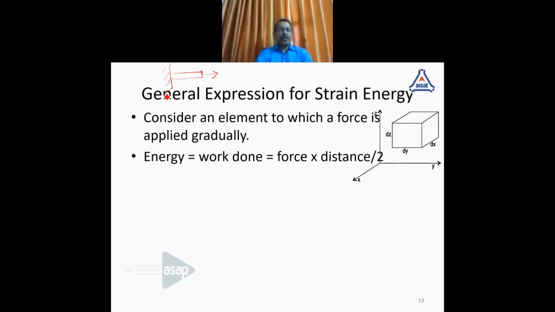In the previous case also we considered that the load is applied gradually. Now the work done is force into distance by 2, because the load initially is 0 and gradually reaches the maximum value.